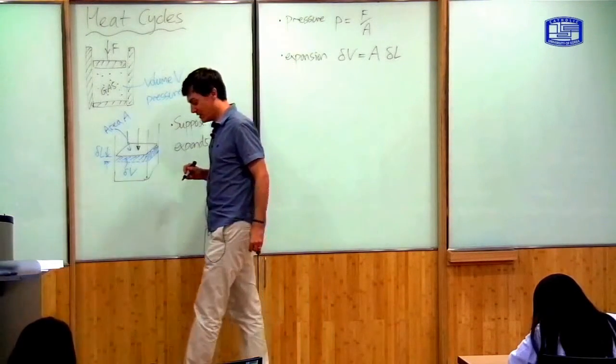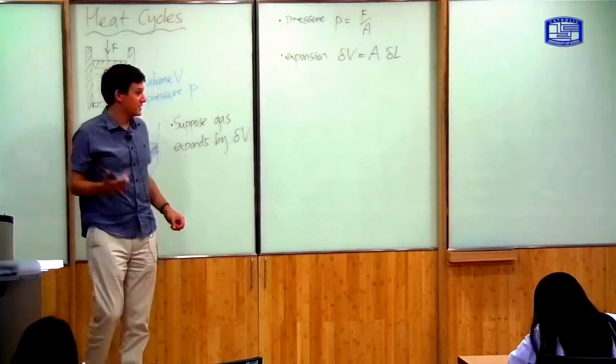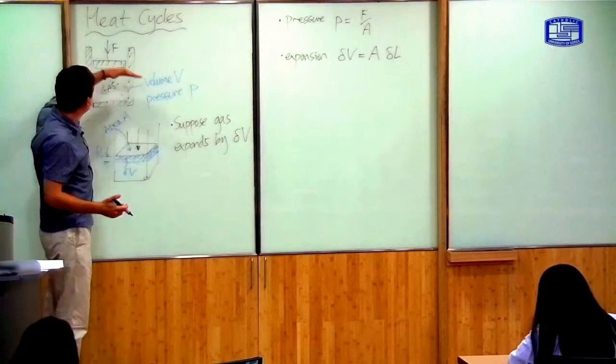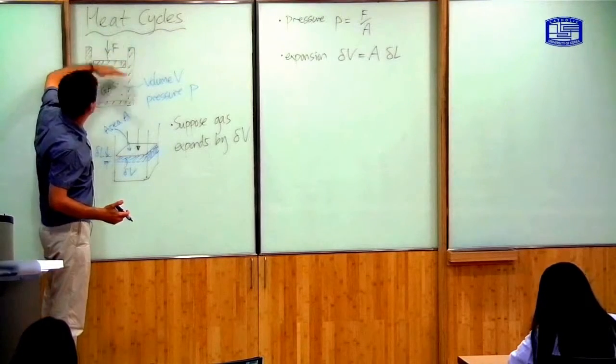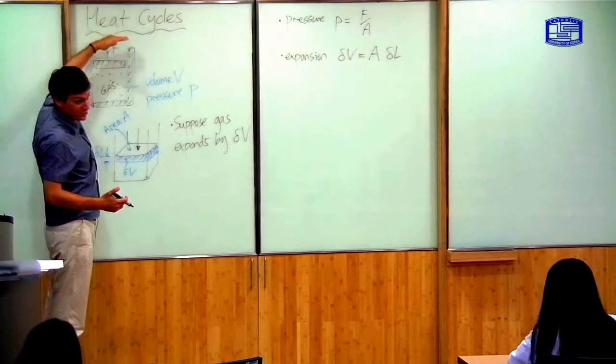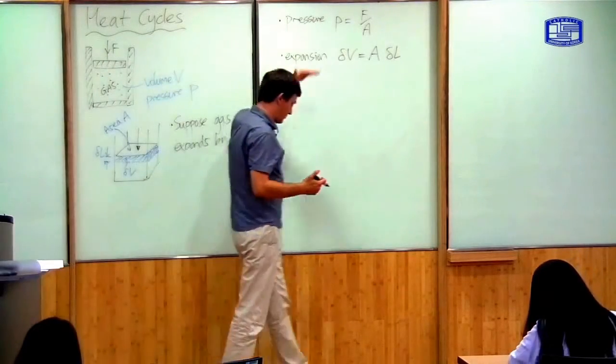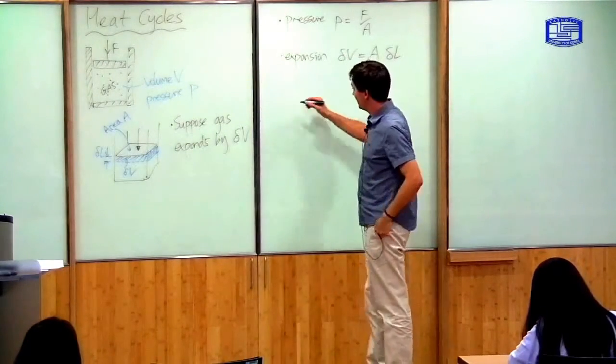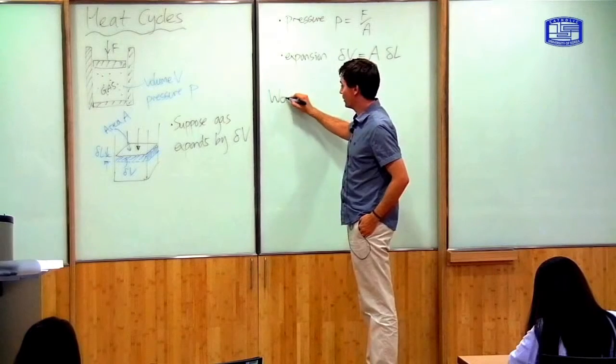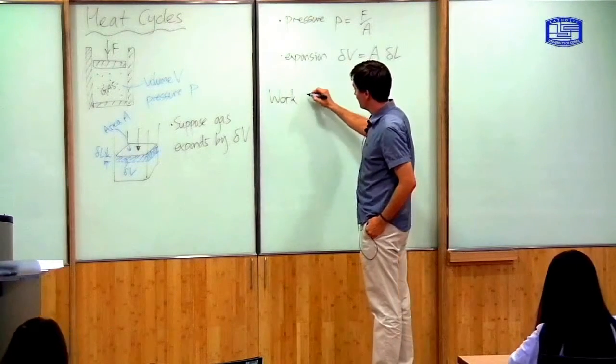So the question I want to ask is how much work is done by the gas in this case? The gas is expanding, it's pushing against the piston, it's pushing the piston up, therefore it's doing work. It's giving energy to whatever is attached to the piston. So we can calculate how much work it does, how much energy.